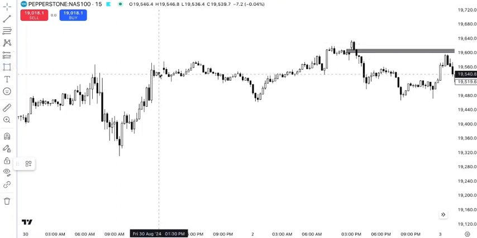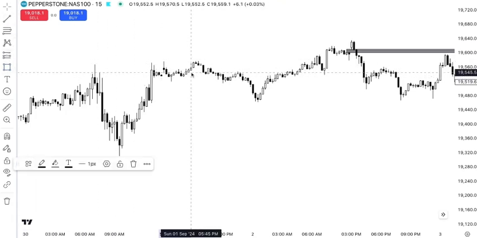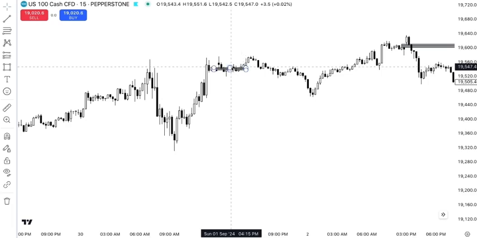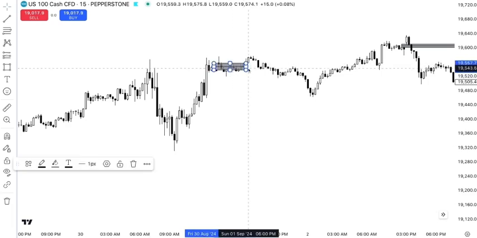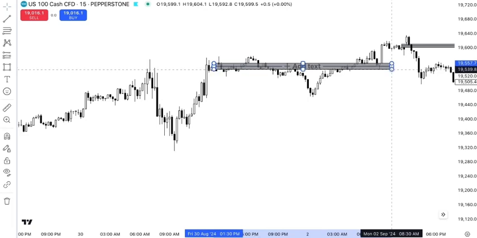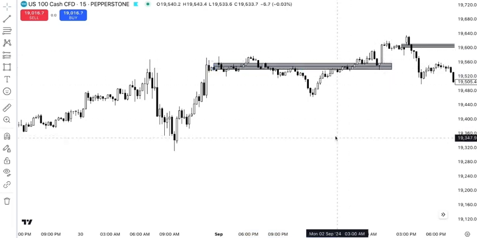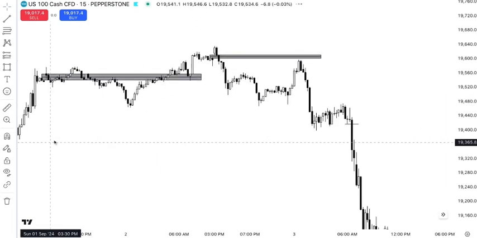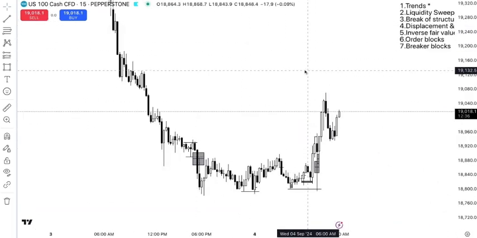So price closed, and then let's wait for this to load. Alright, so right here, price closed and then opened. And as you can see, price comes into it a lot.